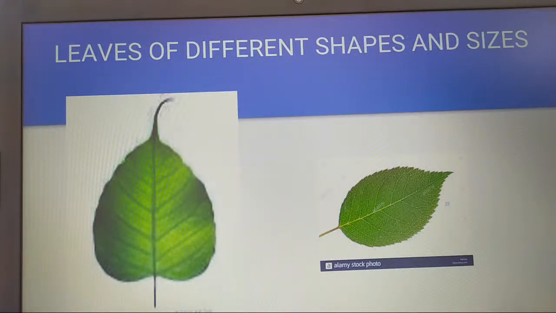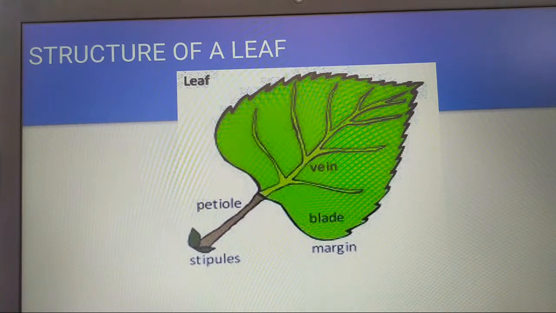A leaf is made up of different parts. Here you can see a leaf which describes the different parts of it.